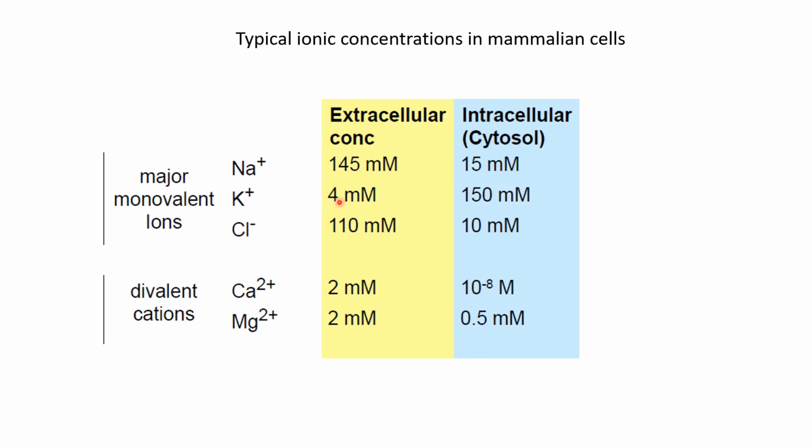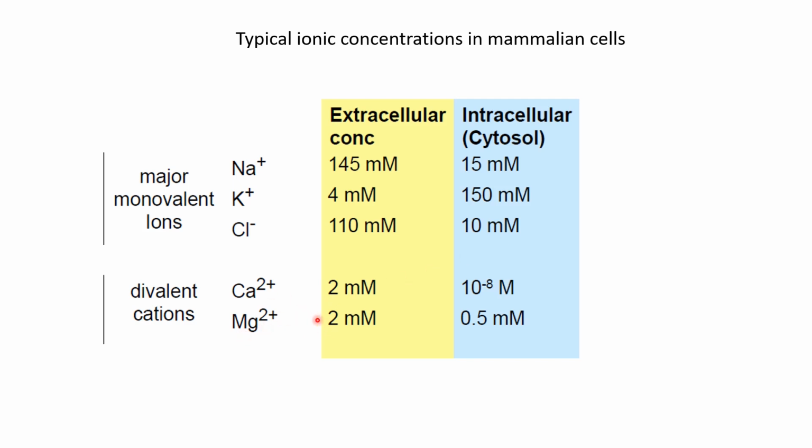Potassium shows the opposite trend, which is that it is present at a higher concentration inside and at a lower concentration outside the cells. Chloride is similar to sodium. It is present at higher concentration outside and lower concentration inside.